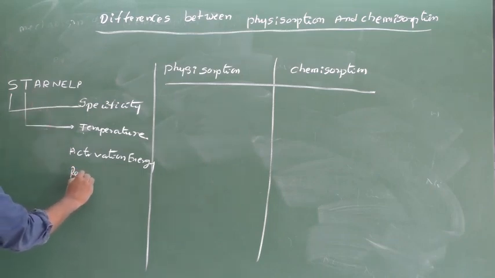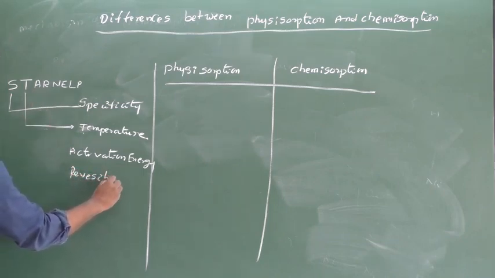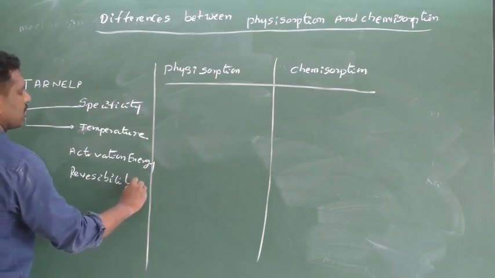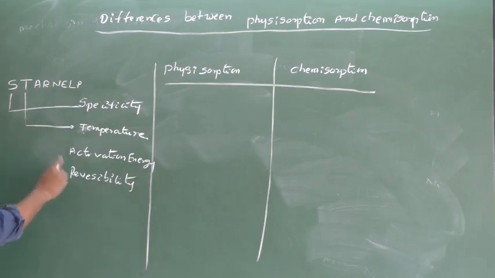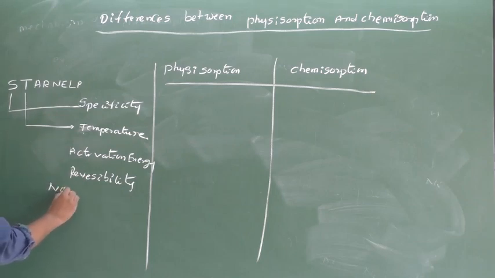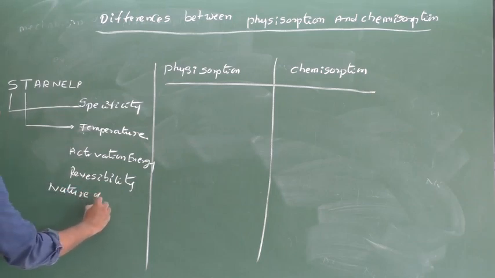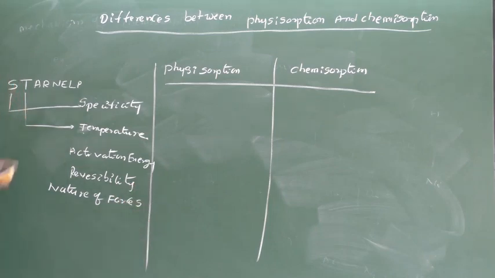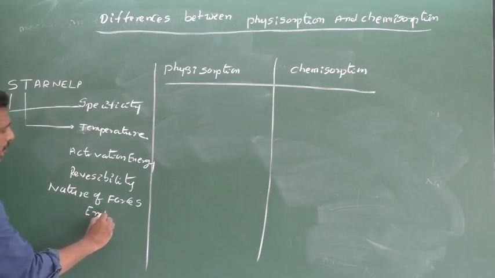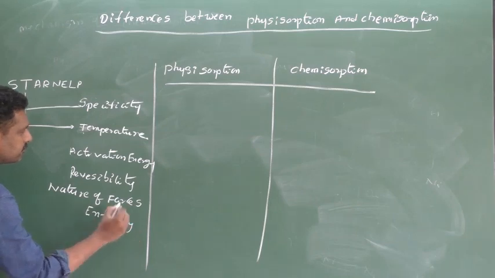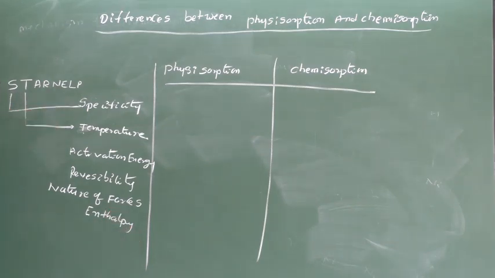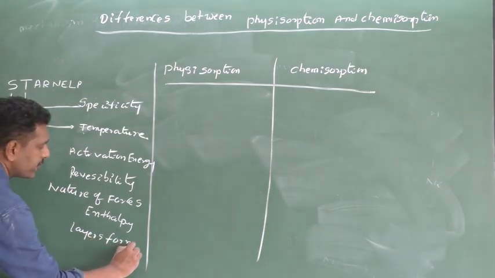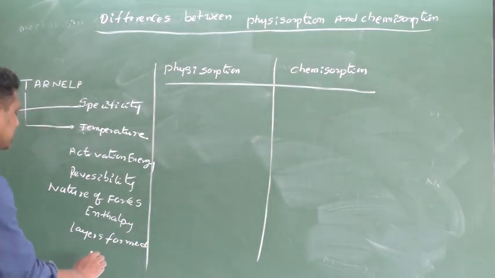R means reversibility. N means nature of forces. Next, E means enthalpy. Next, L means layers formed. Next, P means pressure.